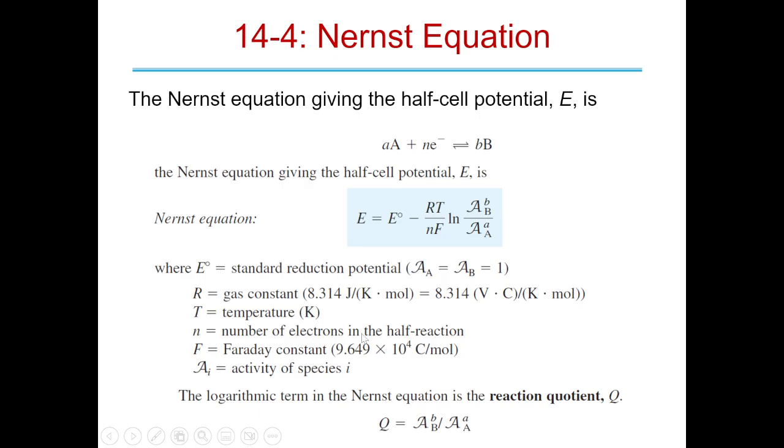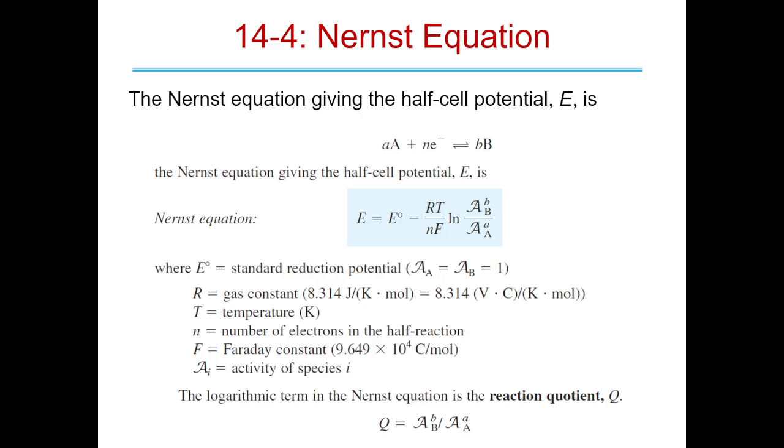Anyways, remember that this is the number of electrons in the half reaction. To get the whole reaction, you have to match those numbers, right? So you've got to use the one for the half reaction, but keep that in mind. These activities incorporate your concentrations, but don't forget they are activities, okay?